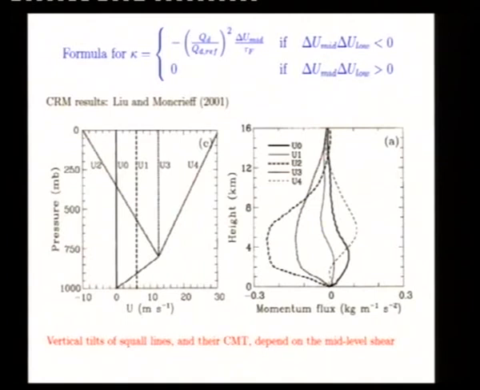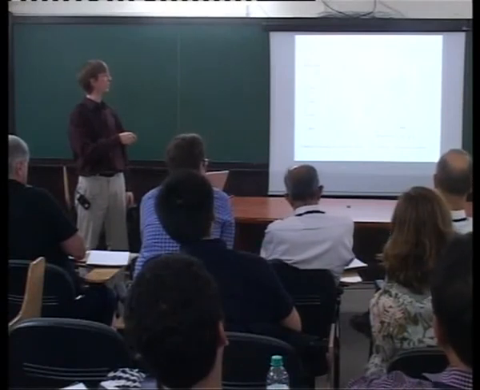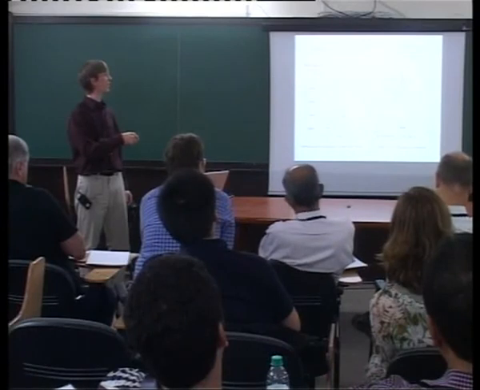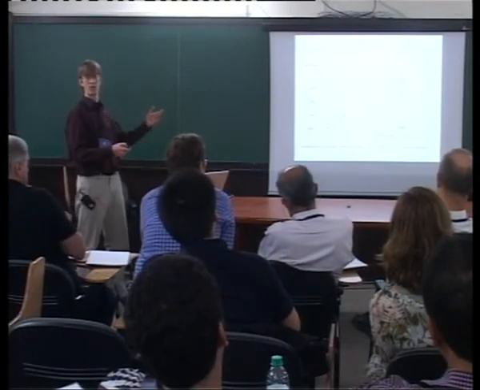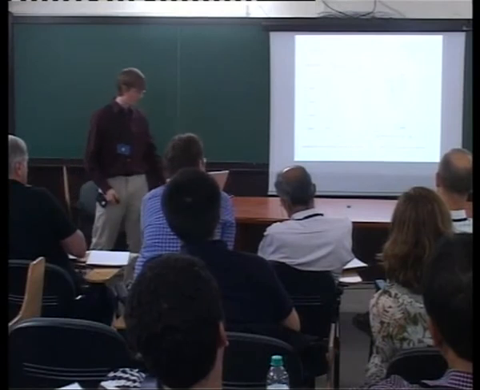For all the ones with the low level shear, you get a squall line. They all propagate in the same direction, but depending on what the mid-level shear is doing, you get different momentum fluxes. So we build that into our squall line momentum flux by having the mid-level shear right here. That's just one example of how we choose things. We base it on lots of different cloud resolving model simulations that have been done over the years, or observational work too.